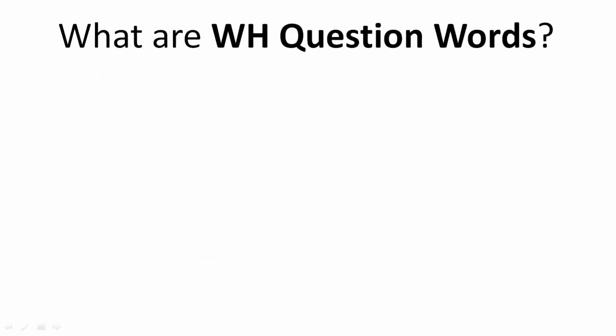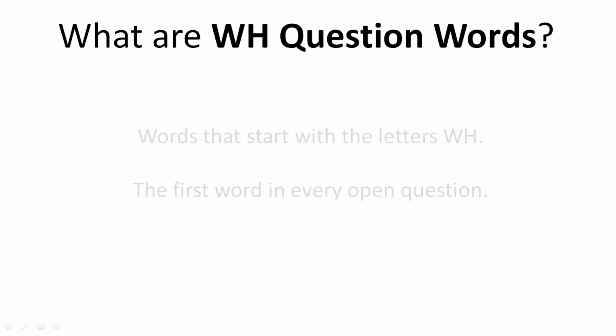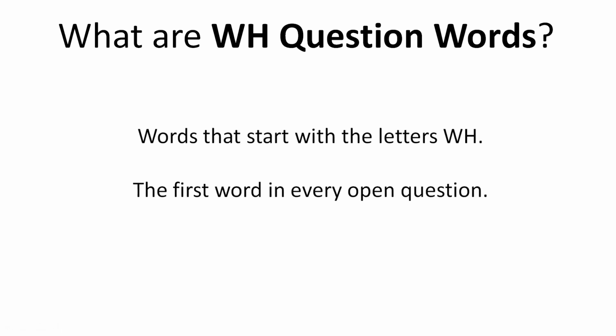So what are WH question words? WH question words are words that start with the letters WH, and they are the first word in every open question. For example, which? You might say, which is your favourite restaurant?